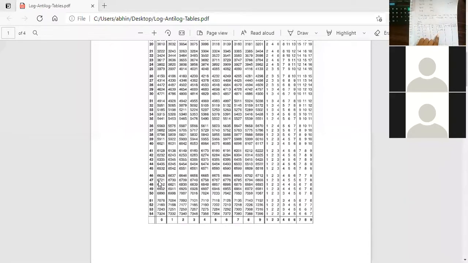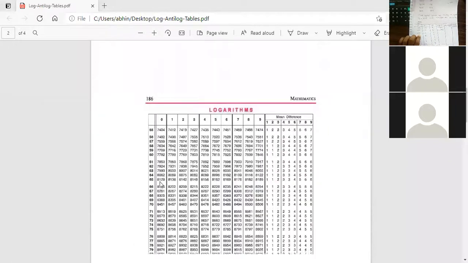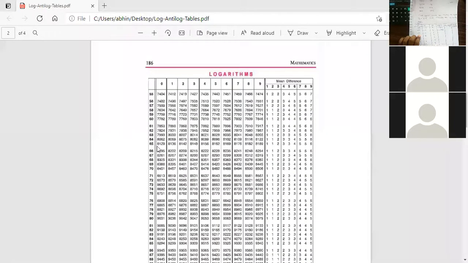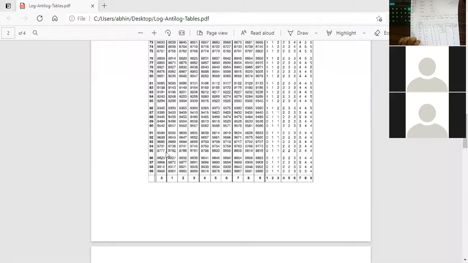Log for 65 is 1.8129. And log of 92 is 1.9638.